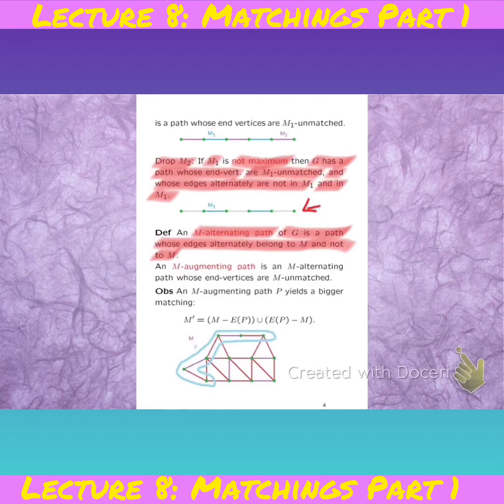Also, an M augmenting path is an M alternating path whose end vertices are M unmatched. And again, this is an example of an M augmenting path because the end vertices of this path are M unmatched.